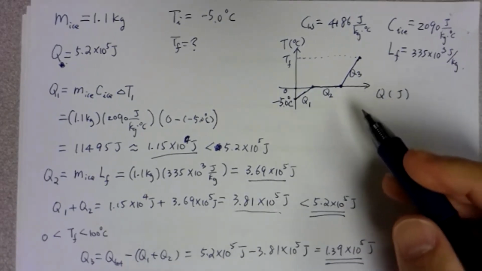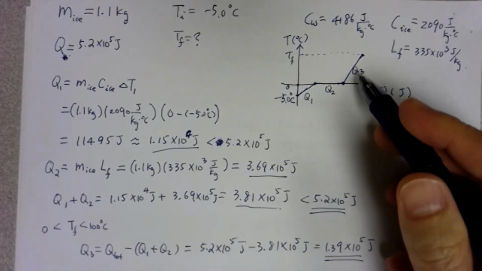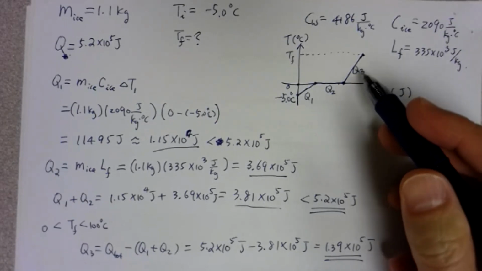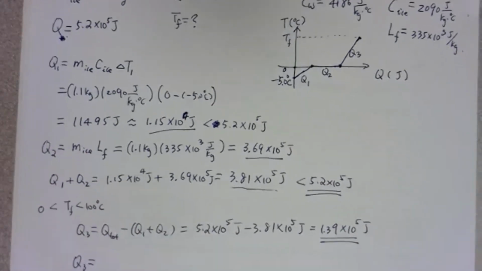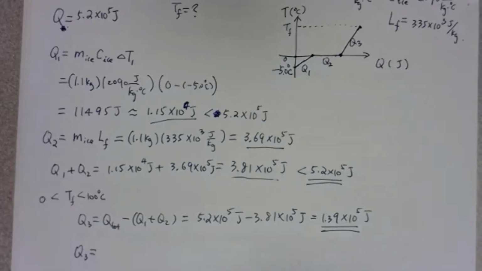Now this Q3, you can also calculate in a different way. You can calculate Q3 as the heat added to the fully melted ice at 0 degrees.